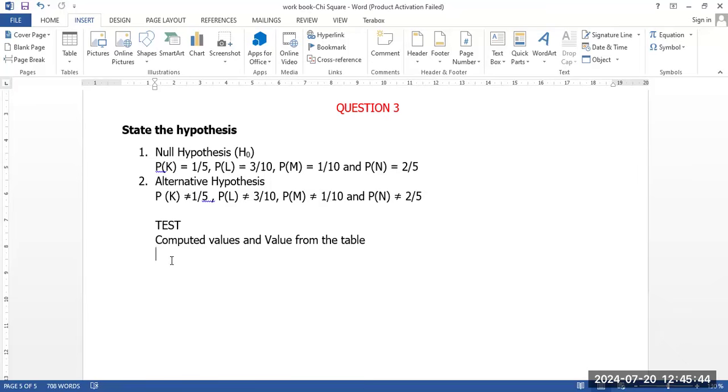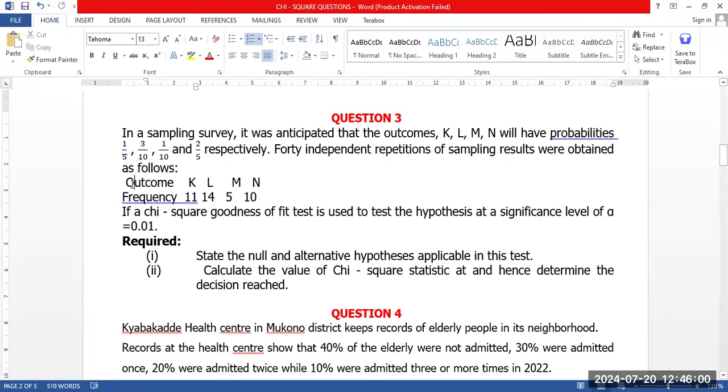So what does this mean? We are going to see our question again and analyze it clearly. This is our observation, because they said 40 independent repetitions of the sampling results. These are the results we are obtaining, so this is your observed data.